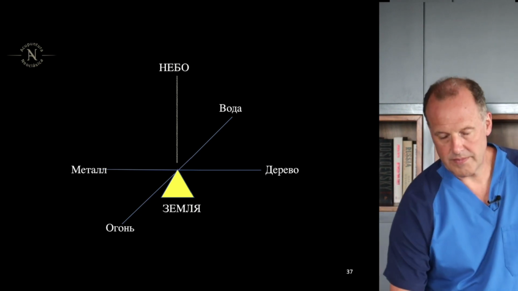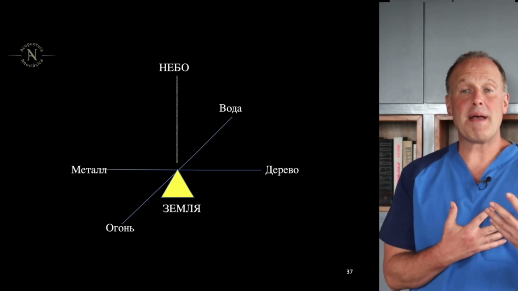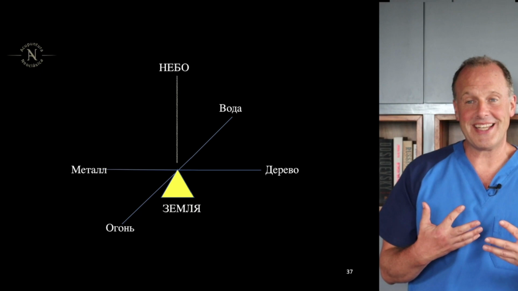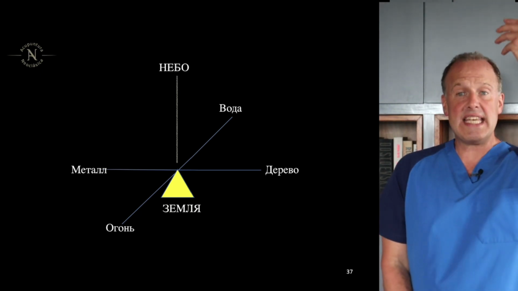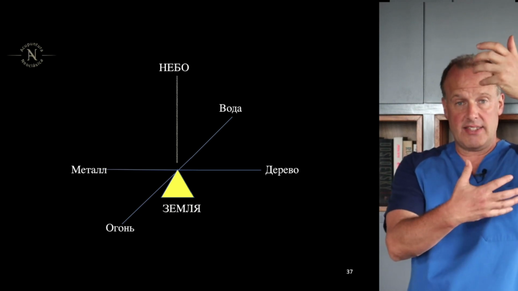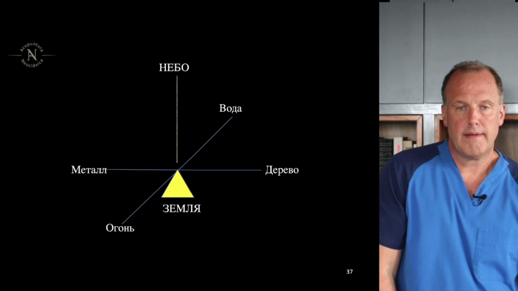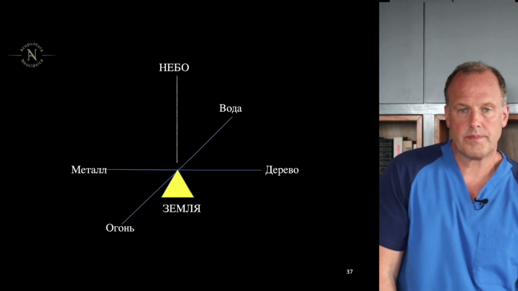So it's somewhat complex, the algorithm I use for balancing elements. I can't go into it here, there's not time. But when I did use pericardium and triple warmer in the algorithm to balance heaven with earth, it worked immediately. На самом деле у нас нет времени, чтобы глубоко погружаться в тот алгоритм, который я использую для балансирования элементов.